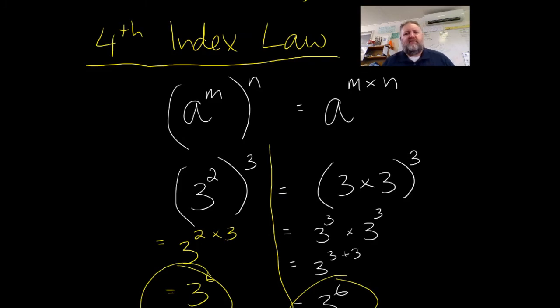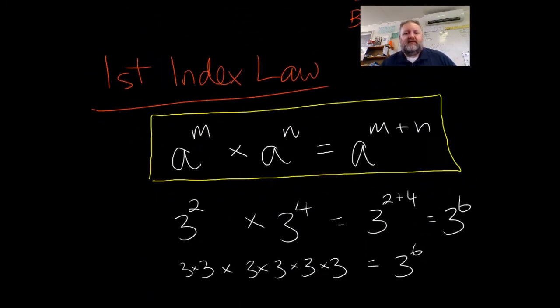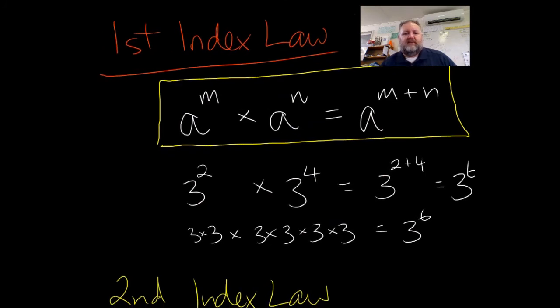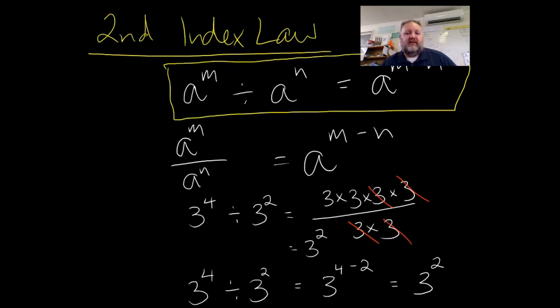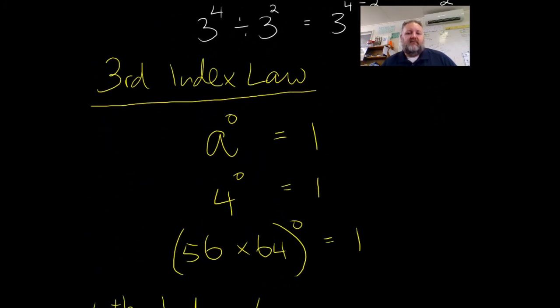Okay, so far we have had the first index law, this one right here, which is the multiplicative law. We followed that with the second index law, which is this one. That is the quotient law, followed by the third index law, which is this one here, called the zeroth law.